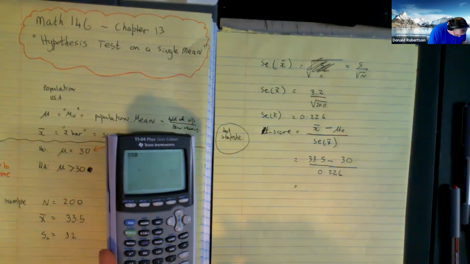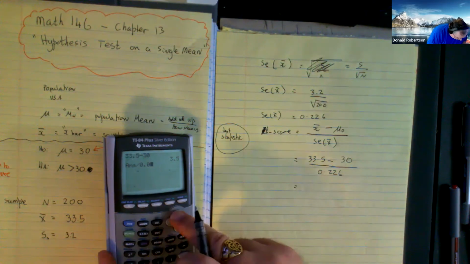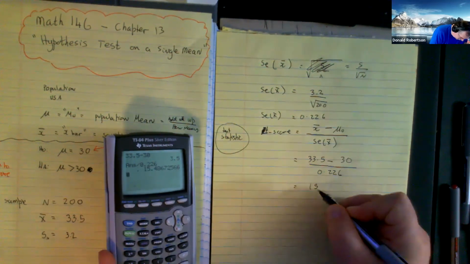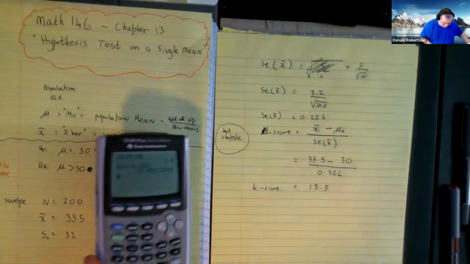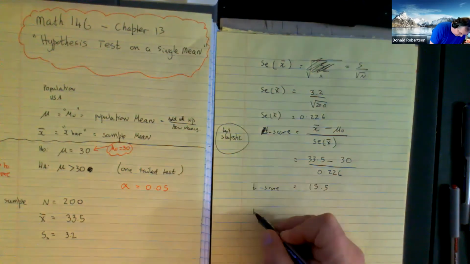33.5, take away 30, divided by 0.226. And the answer I got is 15.5. So we have got a T-score. And then we get a guy called the p-value.